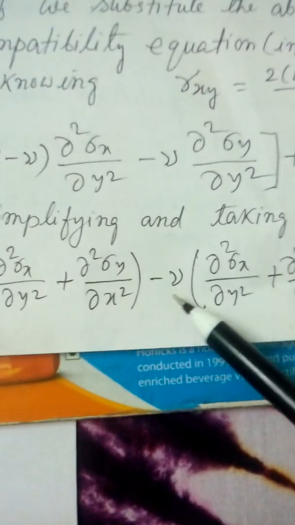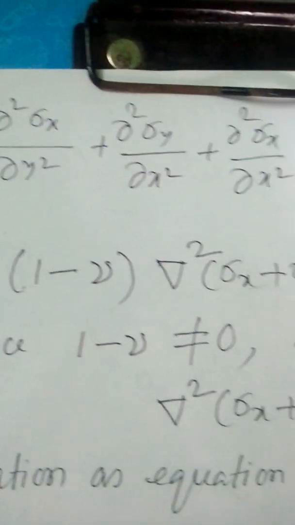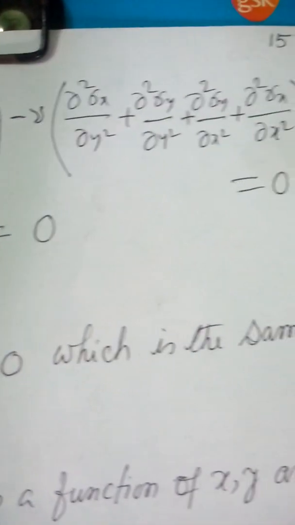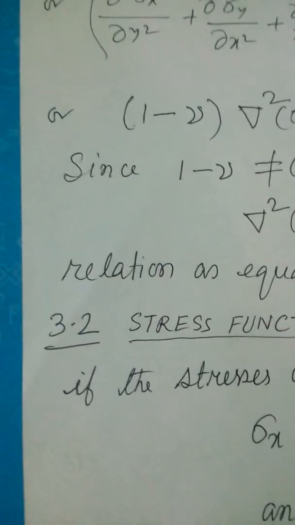This one. Okay. Then come to this algebraic simplification. Don't worry, you will get it easily. Now it comes like this.